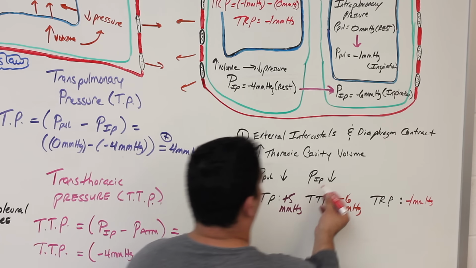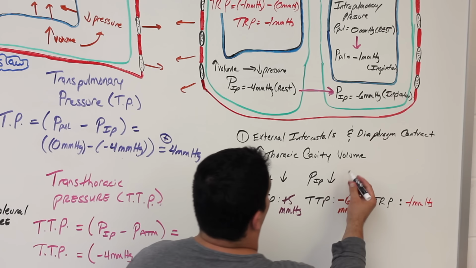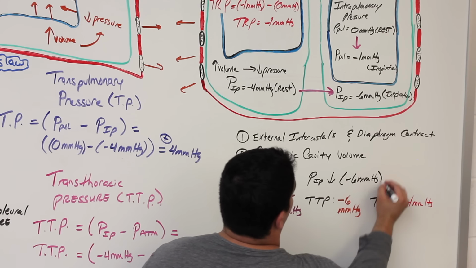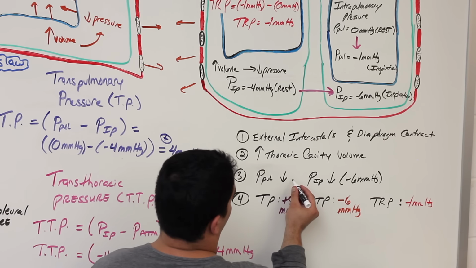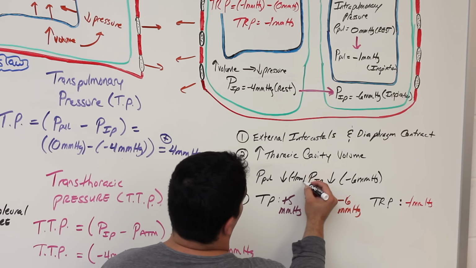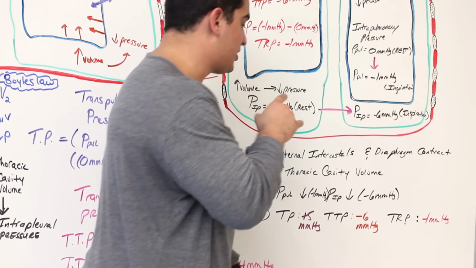And if we want to reiterate it, the intrapleural pressure actually dropped down to about what? It dropped down to actually -6 millimeter mercury. And then the intrapulmonary pressure, or the intraalveolar pressure, dropped down to about -1 millimeter mercury. Okay, these are all the events that are occurring in inspiration.